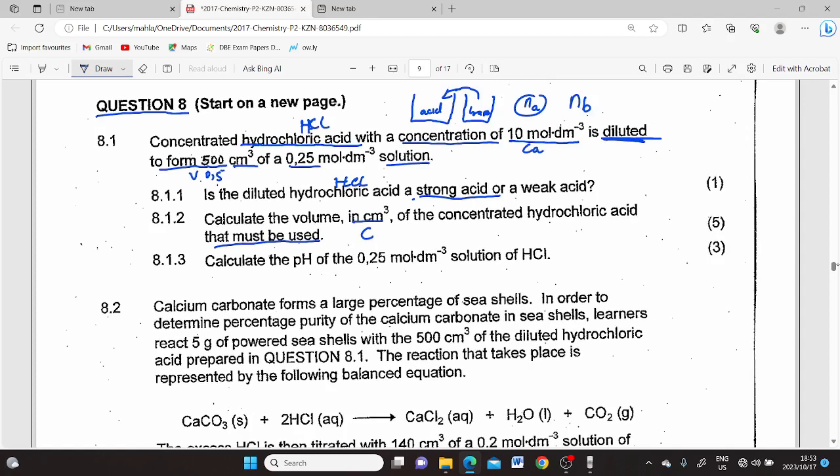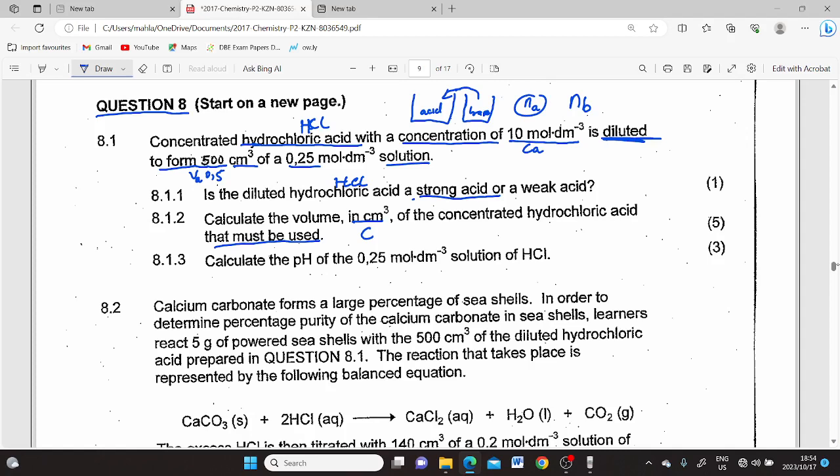So this is diluted to form a solution, right? This is the volume, and this is the volume after.